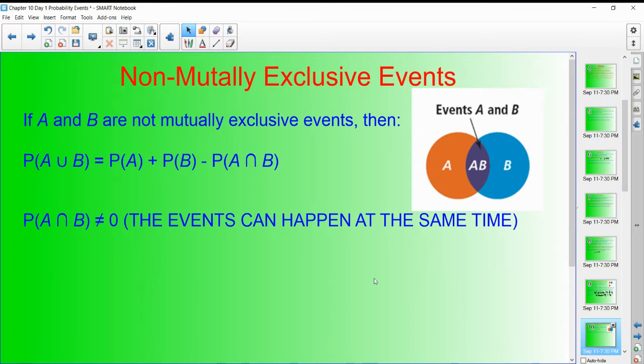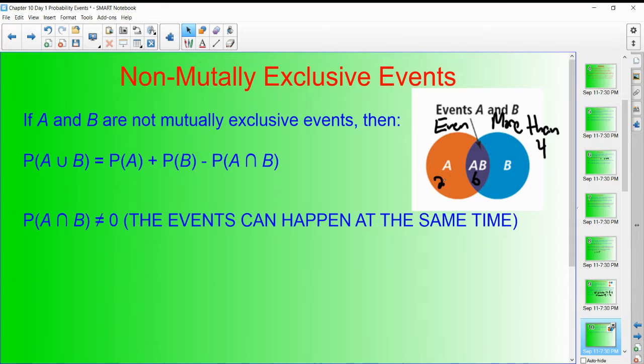Because if we say that this is even, and then this is more than 4, then the evens we have 2, 4, and 6, and the more than 4 we have 5 and 6. The 6 is double counted.